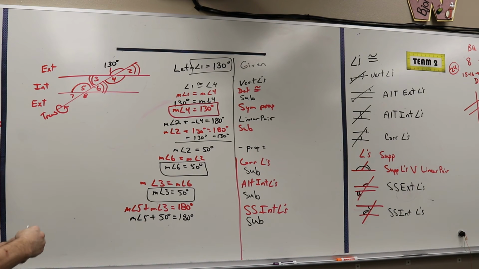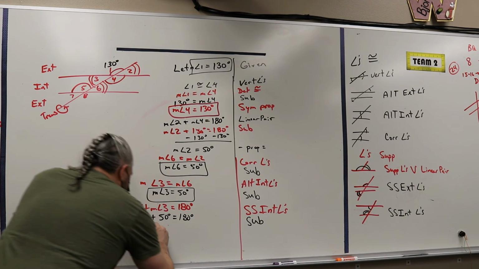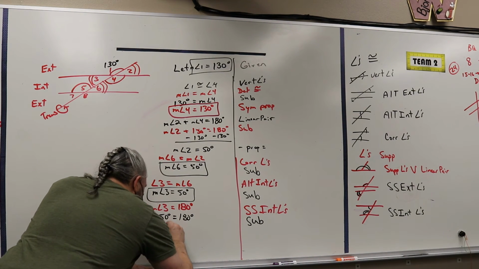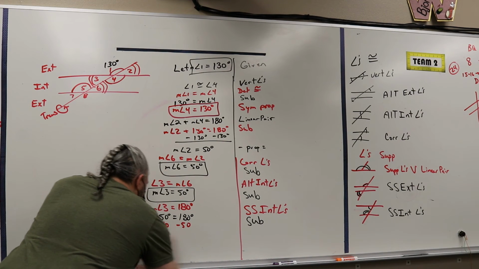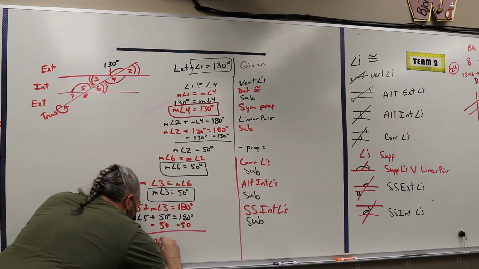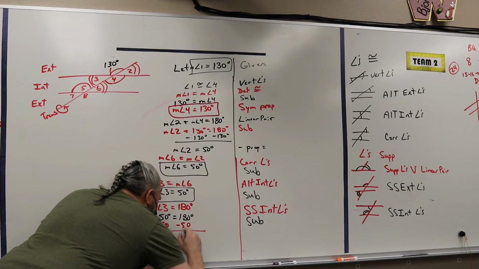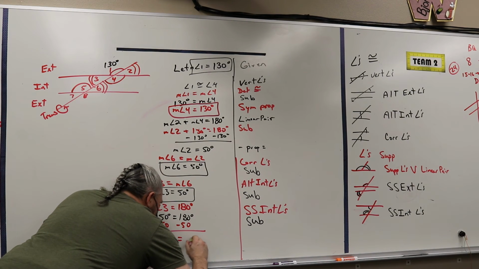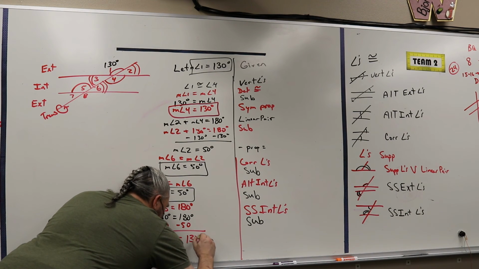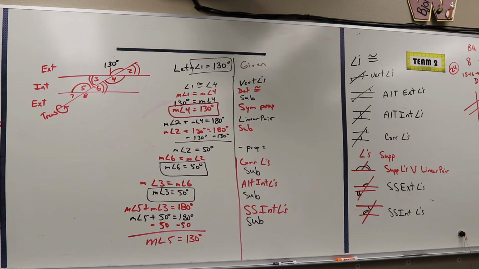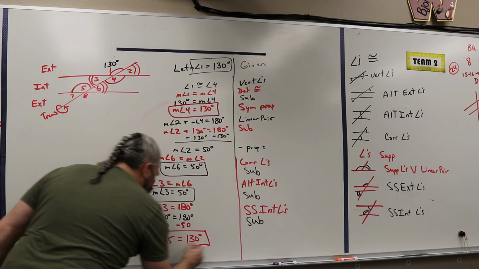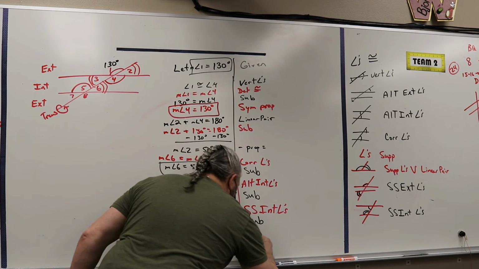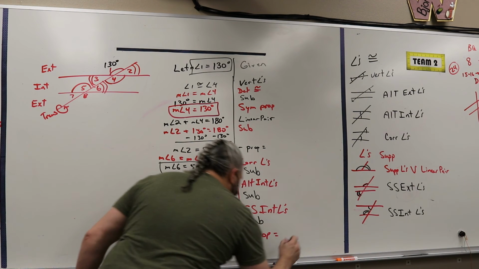Subtraction property of equality. Okay, so I get the measure of angle 5 is equal to 130 degrees, right? And I used the subtraction property of equality to find it.